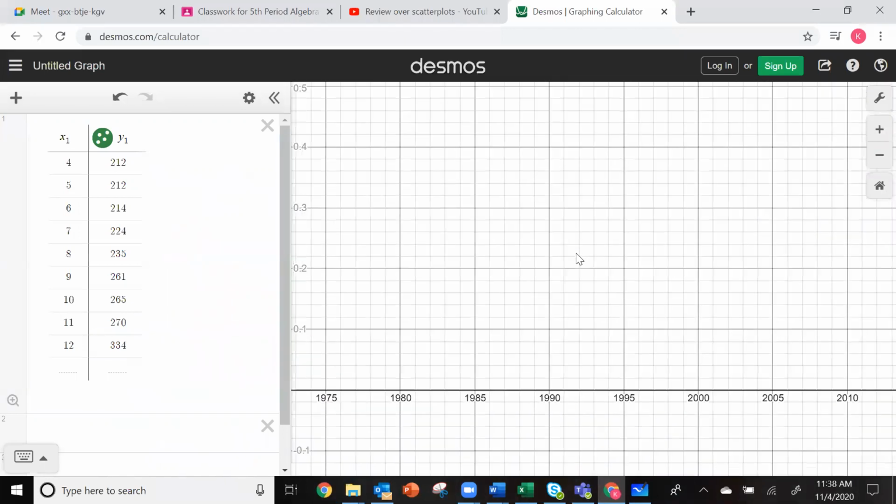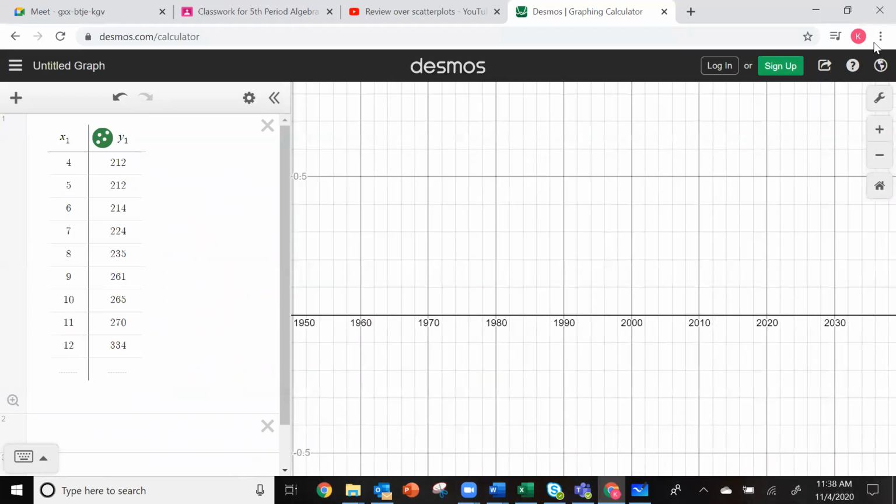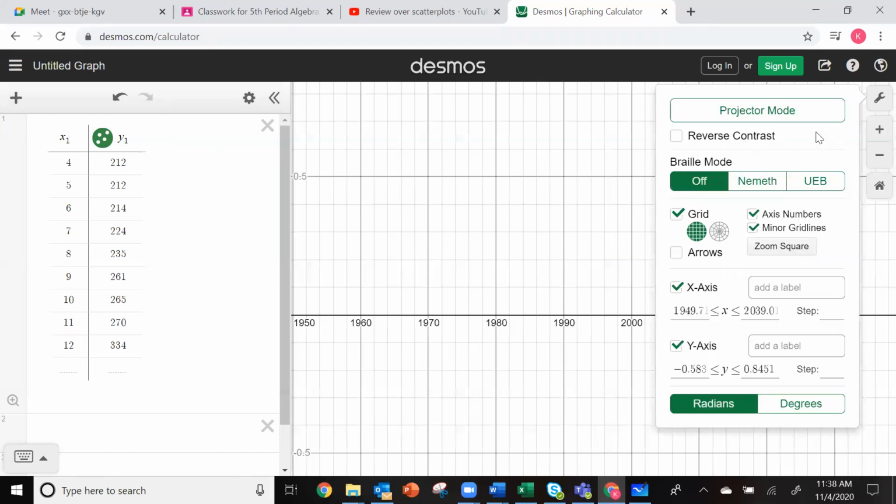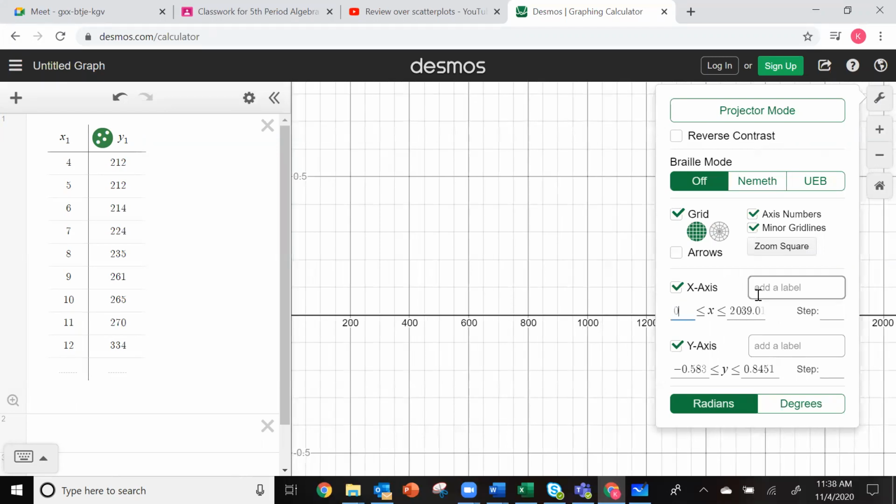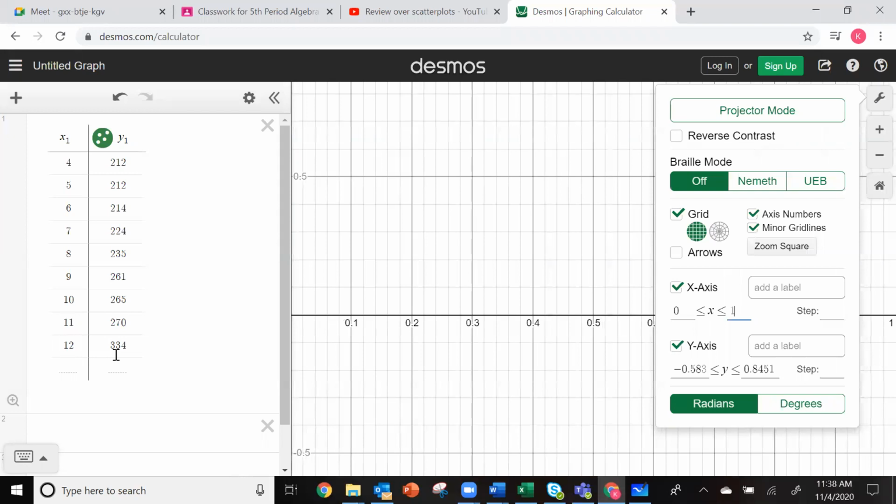Now, to graph it, you can zoom out, but it's easier to go up here to graph settings. The smallest X number is 4. Anytime it's real close like that, I would put 0. Then the largest X number is 12, so I'm going to go to 15.